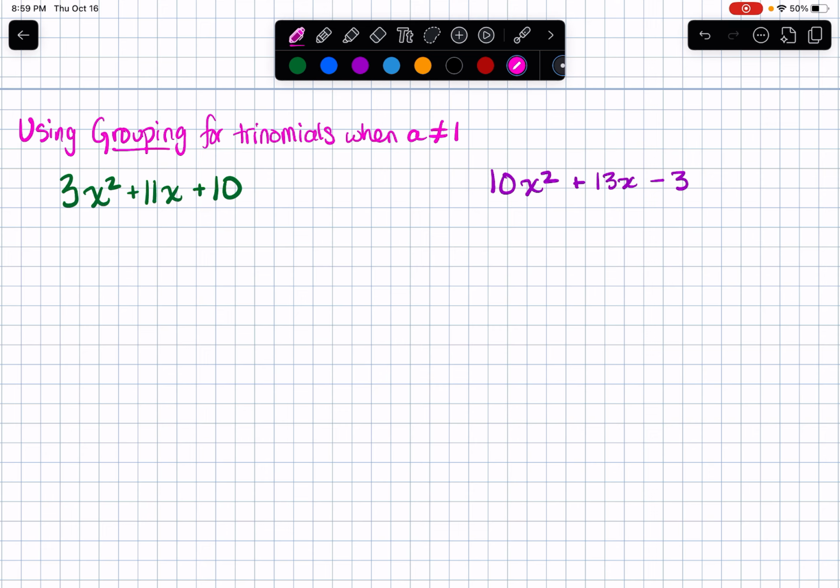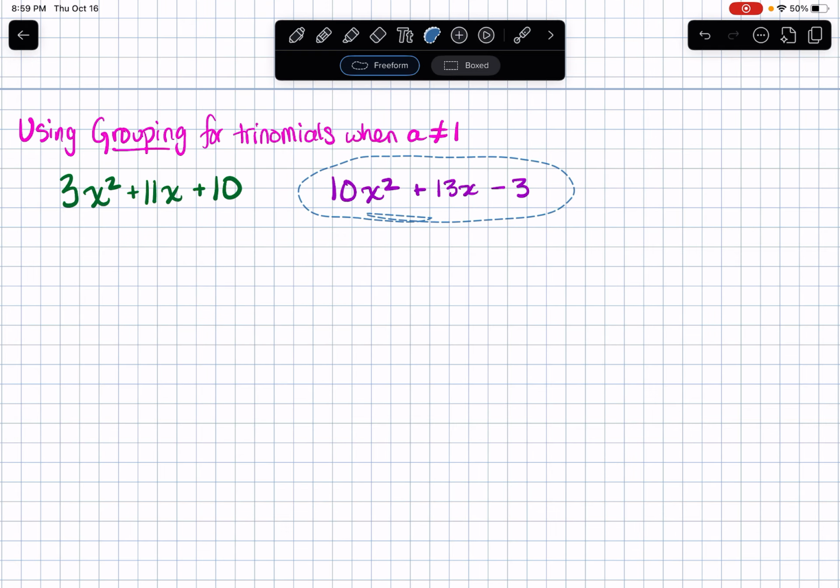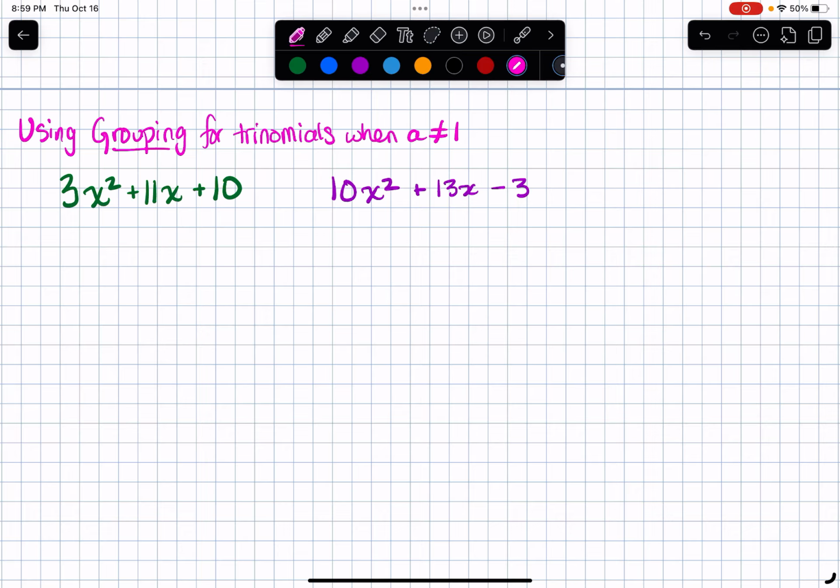So what do I mean by that? When we factor a quadratic where the leading coefficient is 1, so let's say we're factoring something like x squared plus 6x plus 5, we're just looking for what multiplies to 5 and adds to 6.